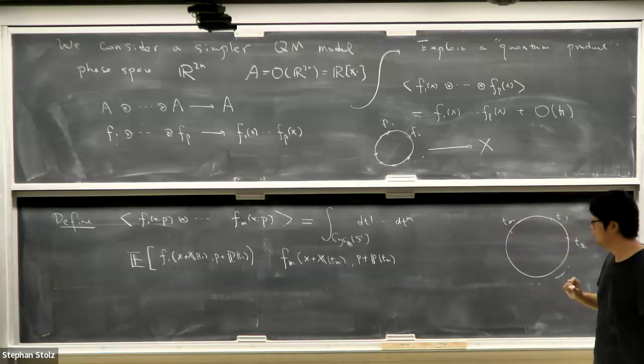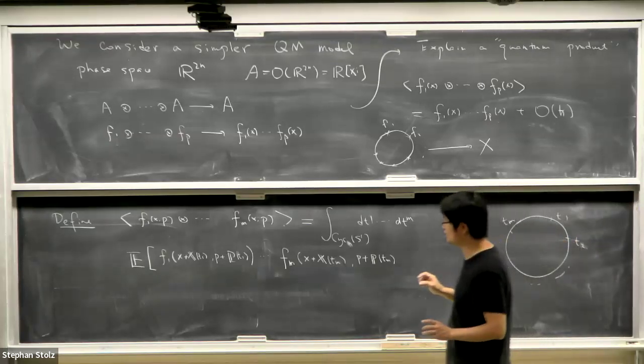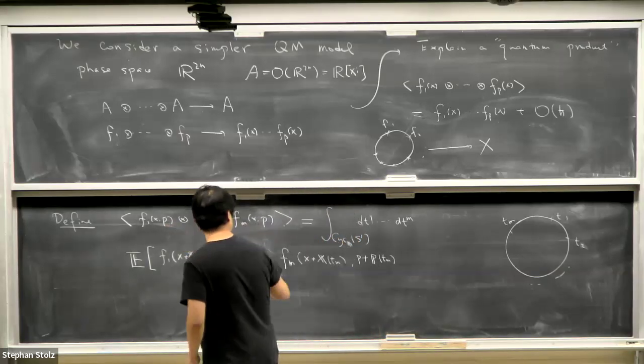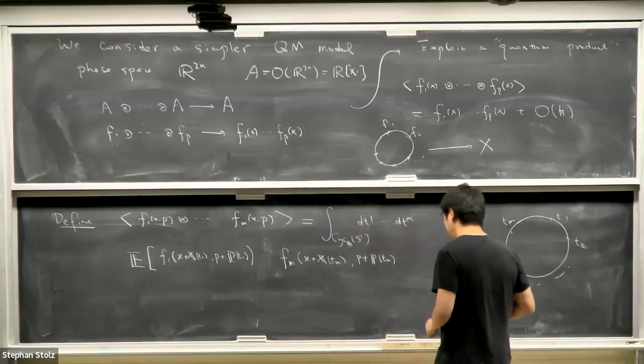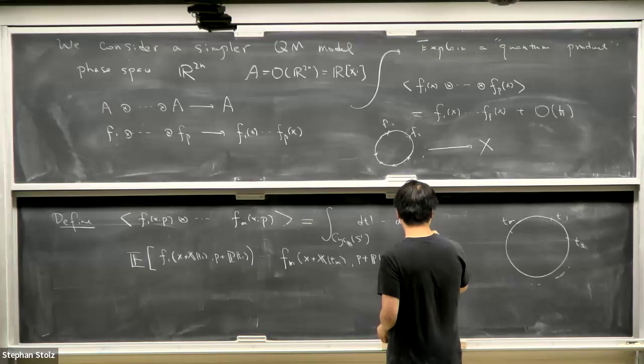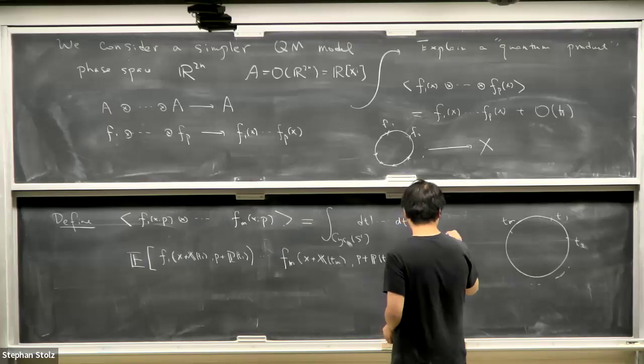Should it be xi or something like that? Yeah, that should be i here. Let me be sloppy. I want to simplify it because this formula is going to be long. And look at some particular weight by this integral.